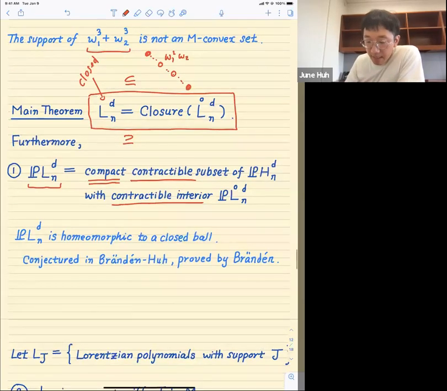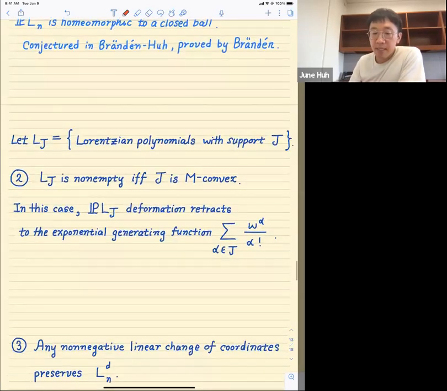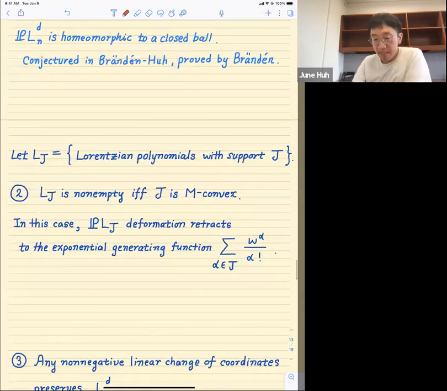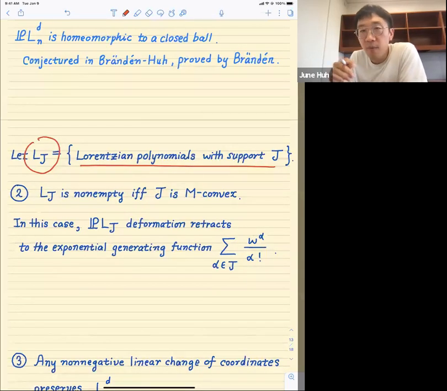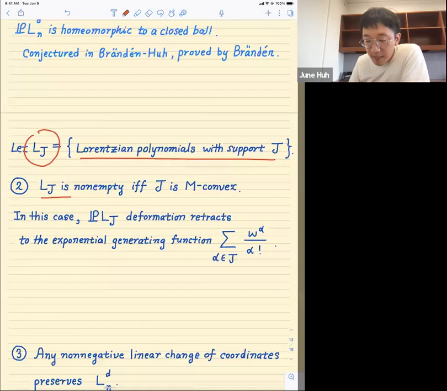And you can say much finer things about this space of Lorentzian polynomials. Let's say L_j is the set of Lorentzian polynomials with given support j, for whatever j is. And the fact is that this L_j is non-empty if and only if j is M-convex.